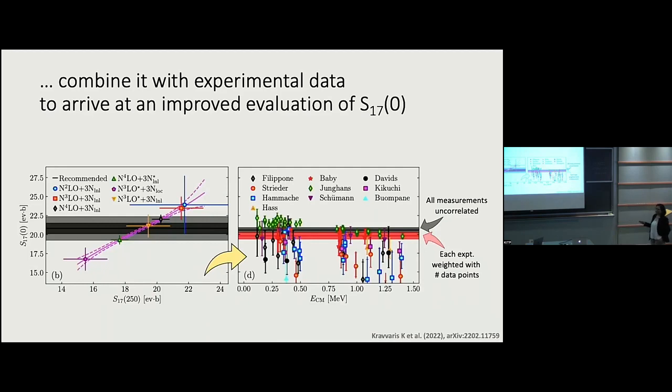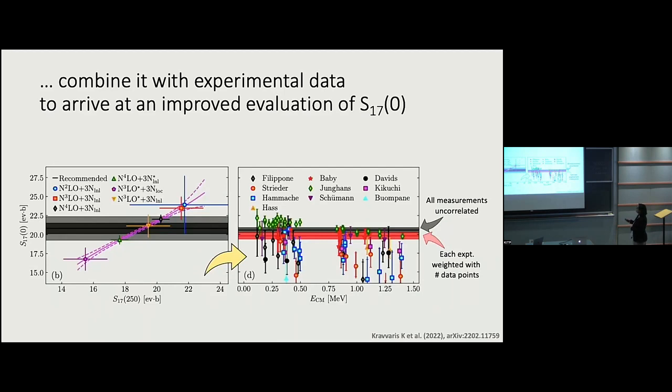Also interesting is the fact that if one considers all experimental data without taking into account their correlation, one gets the results that are shown here in gray. But if instead one considers that experimental data are going to be correlated, particularly if they are at closer energy, then we obtain this evaluation here, in which for simplicity we weighted each experiment by the number of points that it had.